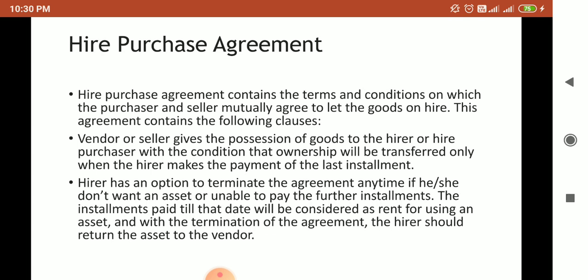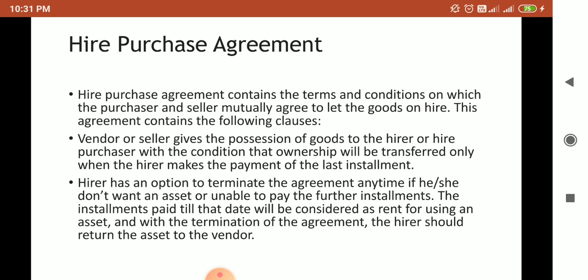Here, the difference between installment and hire purchase is this: under installment, the ownership is transferred immediately to the hirer, but under hire purchase, the ownership is transferred on payment of the last installment.